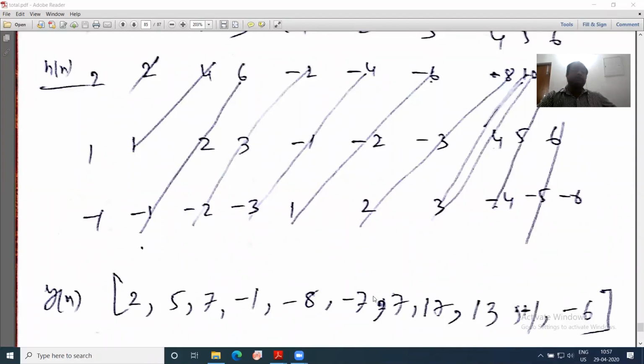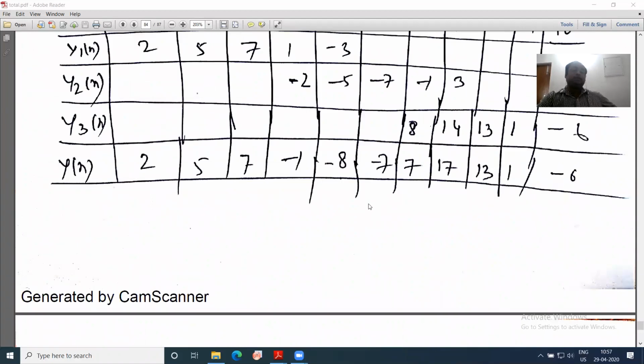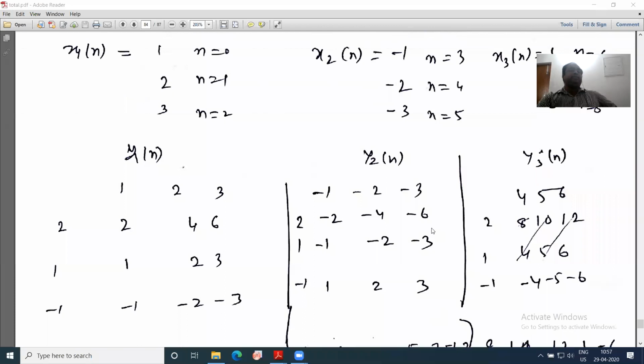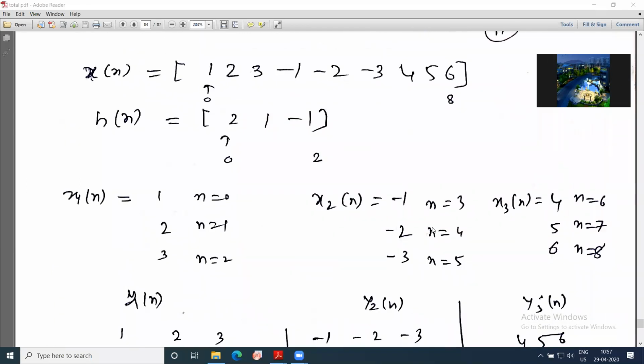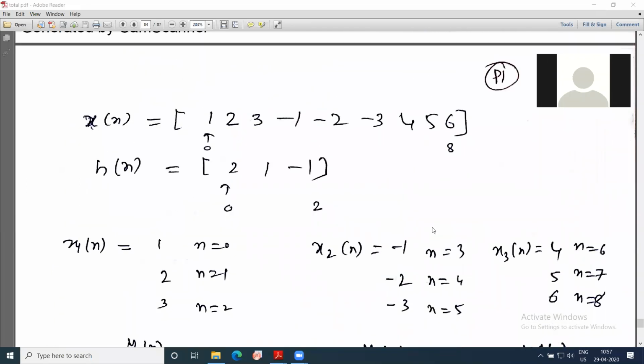If you compare this y of n and this y of n, they are equal. Agreed? If you have any doubt, you can ask. Any doubt? Yes. So last class we had this odd number of samples.